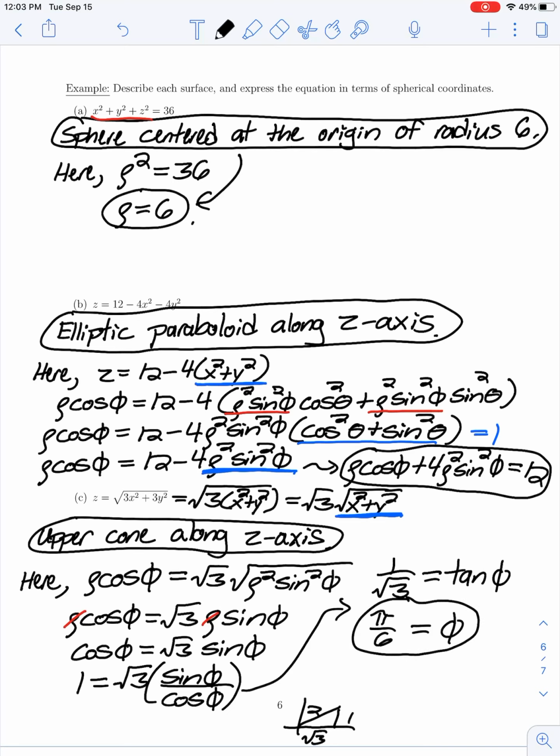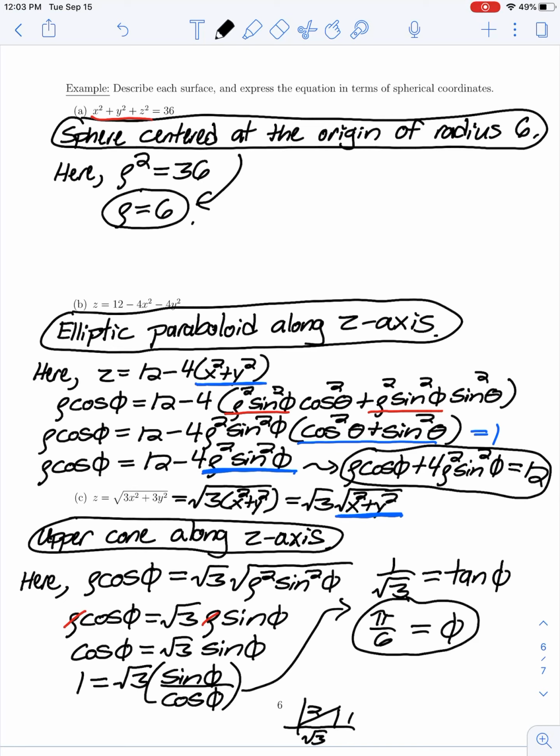So this would be the equation for that cone given in terms of spherical coordinates. It's a constant value of phi. Same as what we saw in that previous example where a constant value of phi represented a cone.